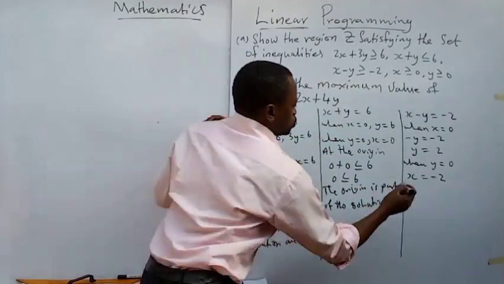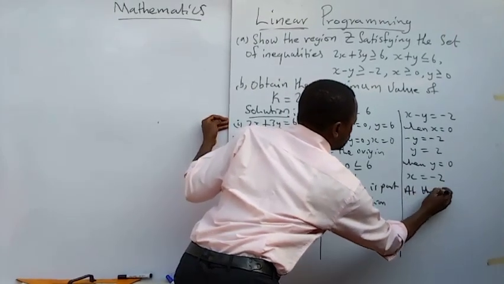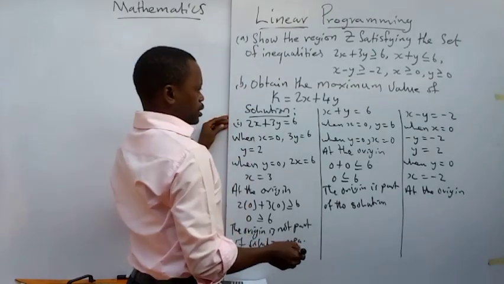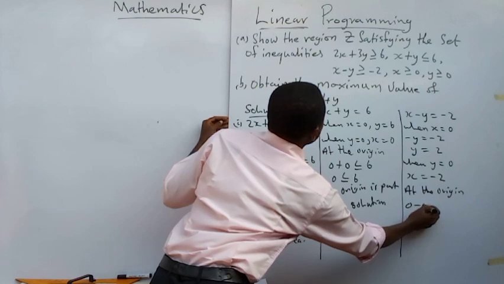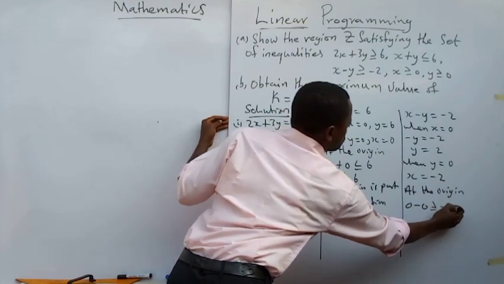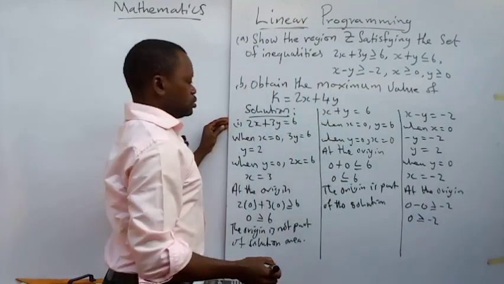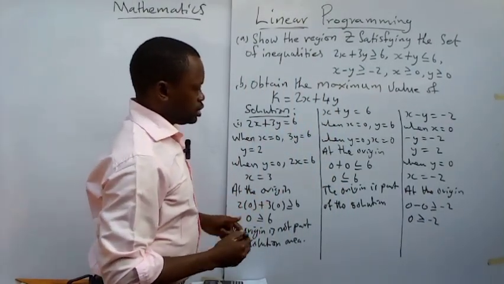Let's also check what is going on at the origin. At the origin, you realize that what we have here, 0 minus 0 greater than or equals to minus 2. Is 0 greater than or equals to minus 2? Yes, 0 is greater than or equals to minus 2. That is logically correct.